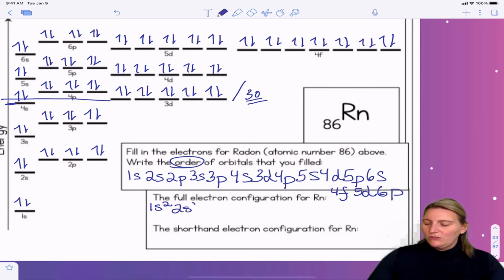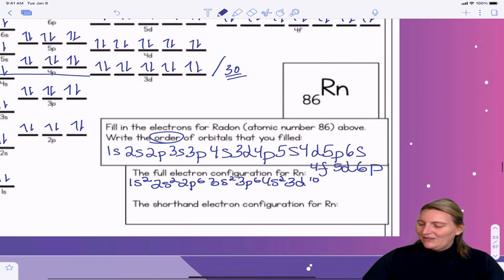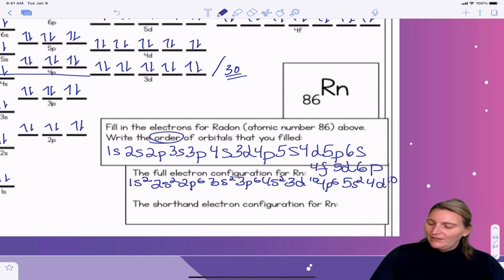1s2, 2s2, 2p6, 3s2, 3p6, 4s2, 3d10, 4p6, 5s2, 4d10, 5p6, 6s2.